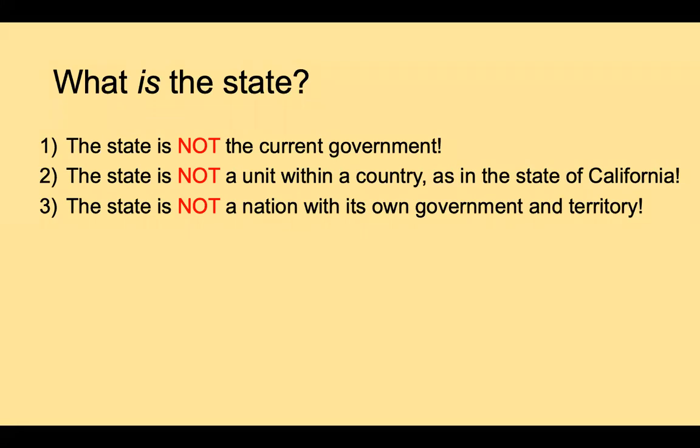It's also not a unit within a country. Certainly, California is a state, but as we'll see here momentarily, it's not the state. We distinguish between states or a state in the context of the United States and the state, which we might think of as the US state or the American state. But still, that's an abstraction that's going to be very different than the legal personality that we associate with California.